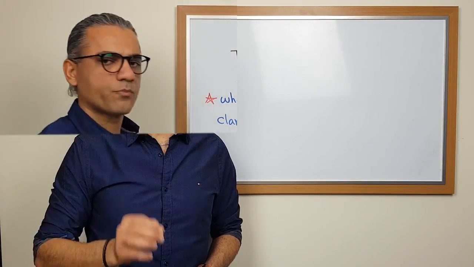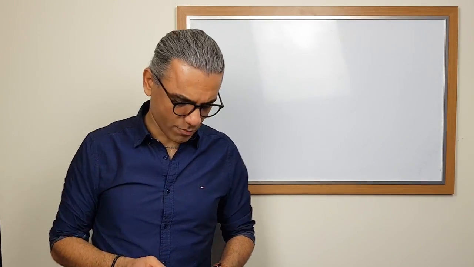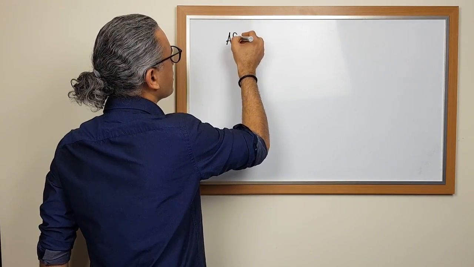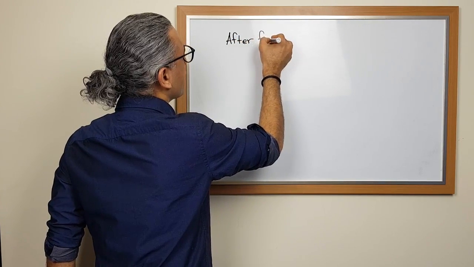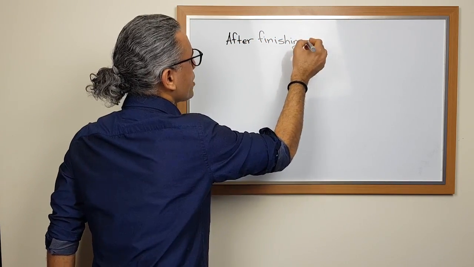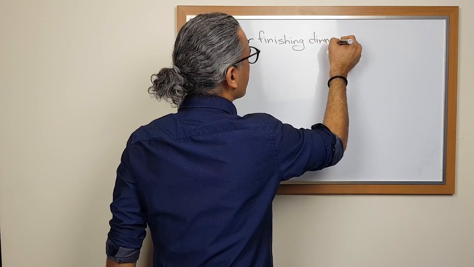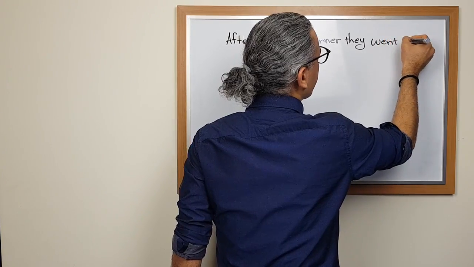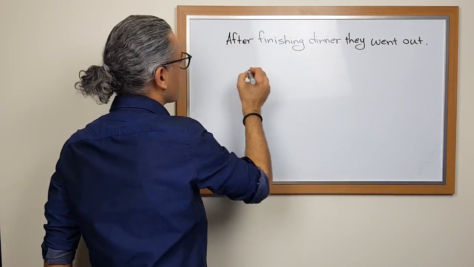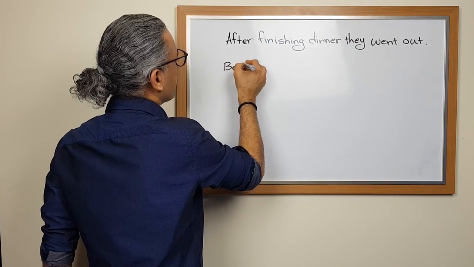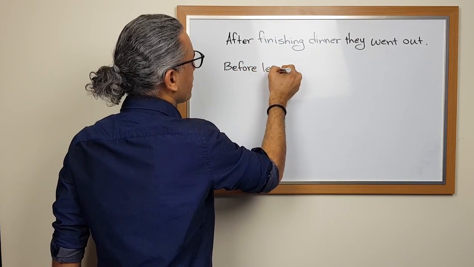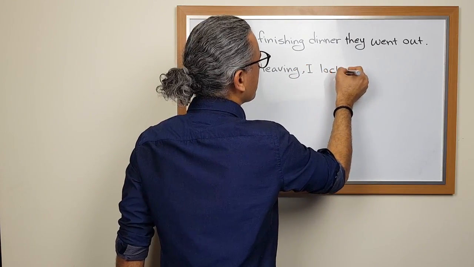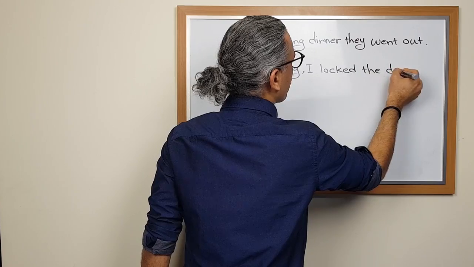A few points before we start with the exercises. Look at these examples. After finishing dinner, they went out. Before leaving, I locked the doors.